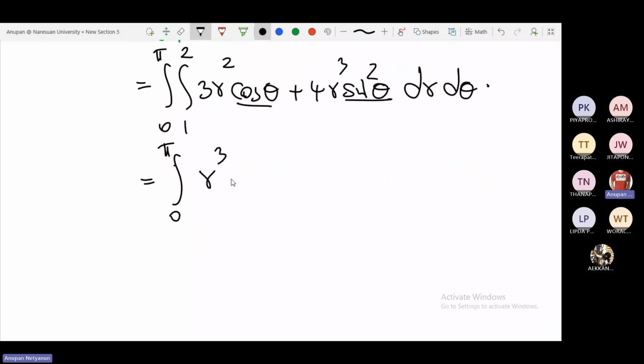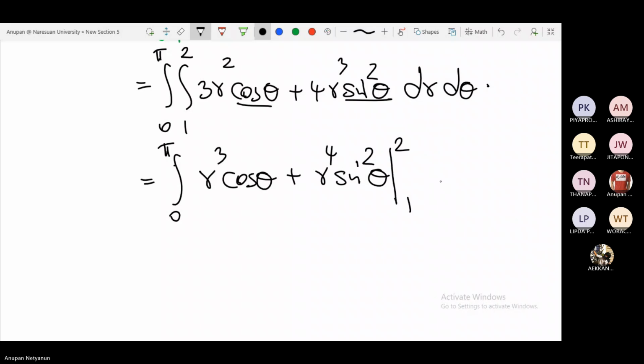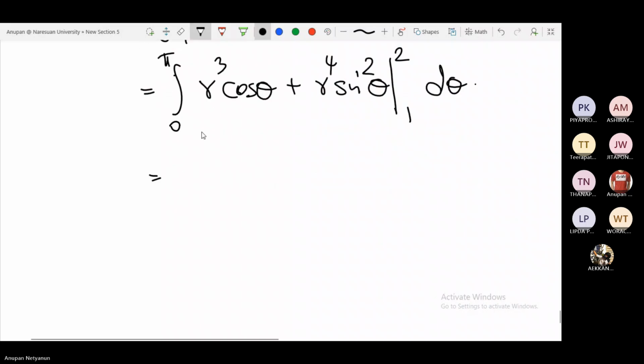This one is a constant, so you integrate only r to the power 4 over 4, and the 4 cancels the 4. Then you put the running numbers for r, from 1 to 2, d theta.